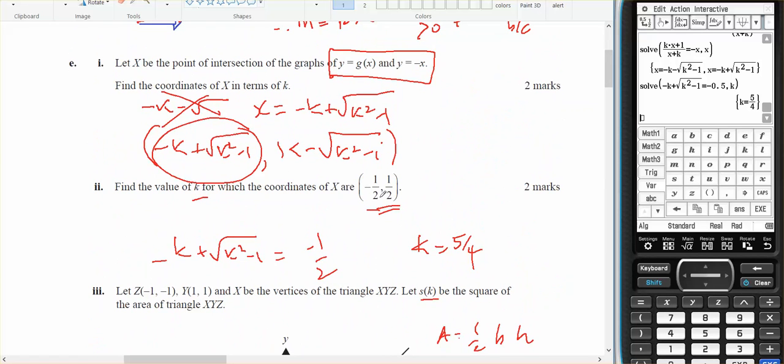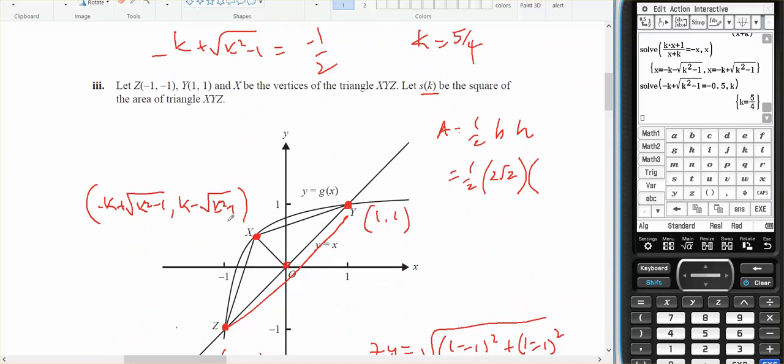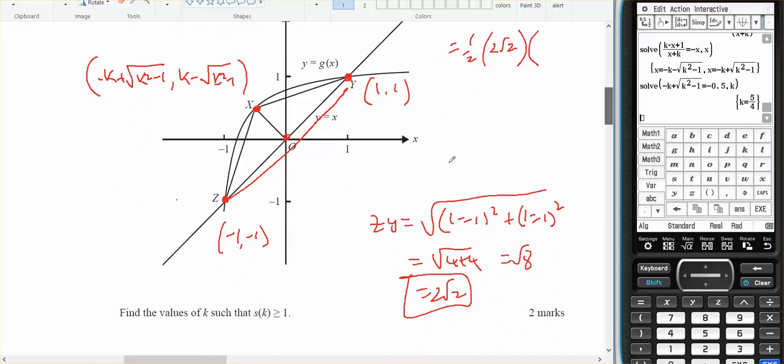I've already calculated that it would be to here if k was equal to 5 on 4, but it's these coordinates if k wasn't 5 on 4, because it would be different values. It'd be any value going up to here depending on what k is. So that distance is going to equal the square root of that squared plus that squared, giving you the distance from here to here.